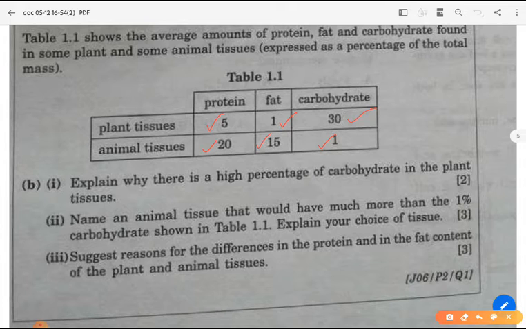Now the B part is number 1, explain why there is a high percentage of carbohydrate in the plant tissues. Look at the table. The carbohydrate is 30% by weight in the plant tissues while it's only 1% by weight in the animal tissue. What is the reason of this percentage difference?